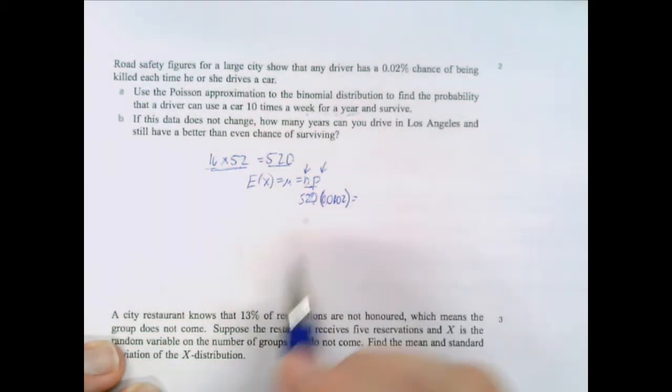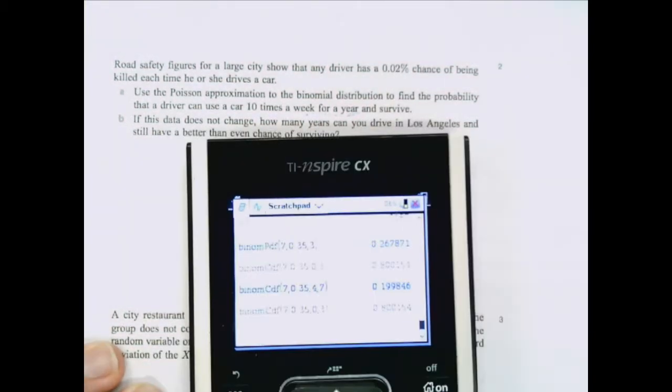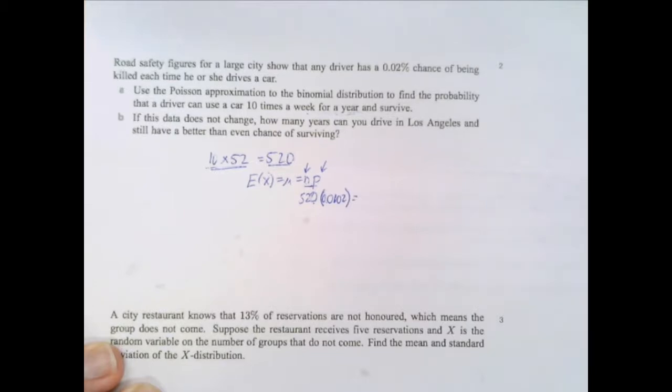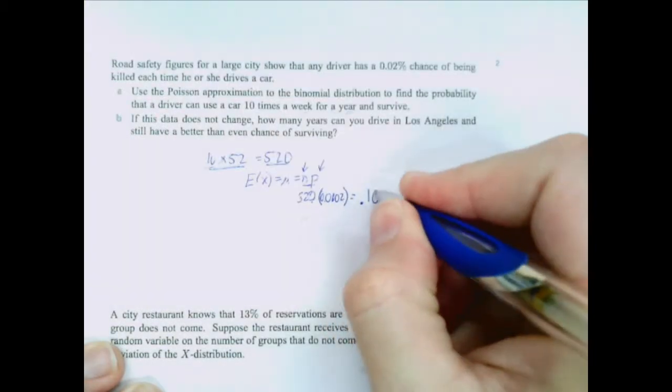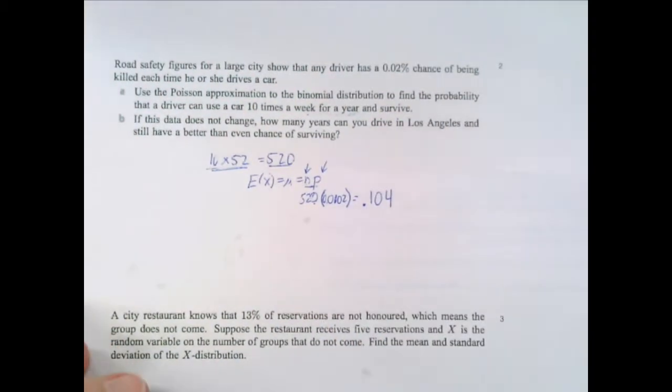And so then we get 0.104. Okay, so that is the expected value that you will not survive.